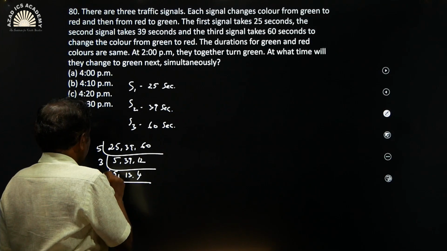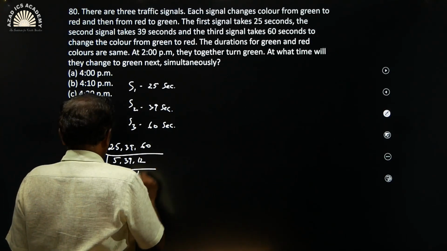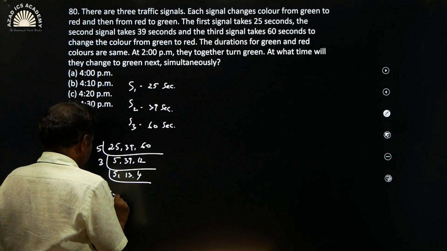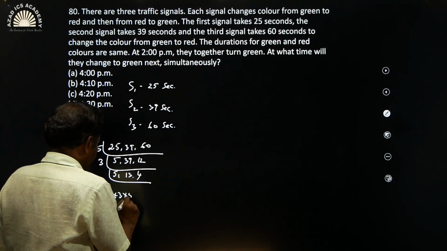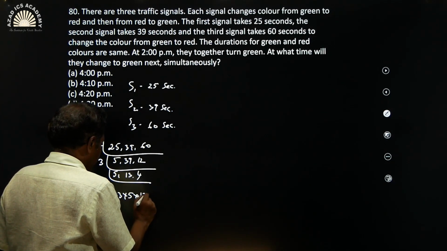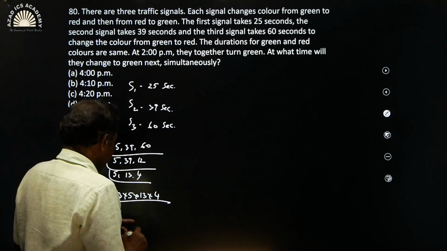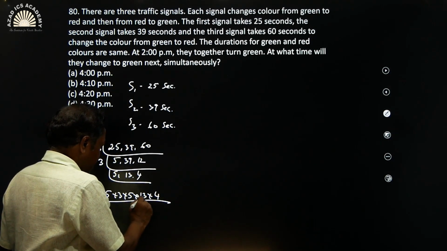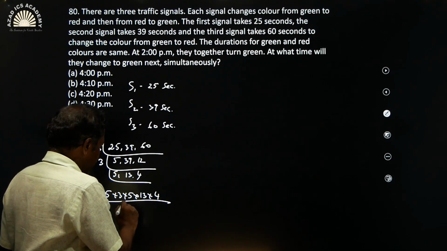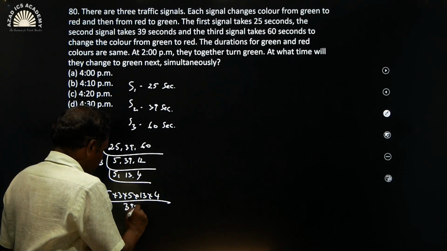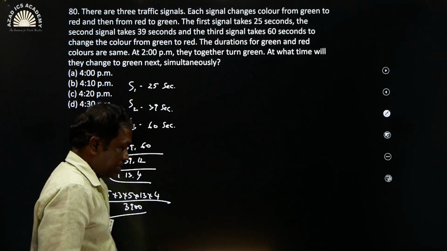Right, fine. Okay. Now you can see 5 into 3 into 5 into 13 into 4. 5 into 3, 15, 75, 300. 300 into 13, 3900 is the LCM. Right.